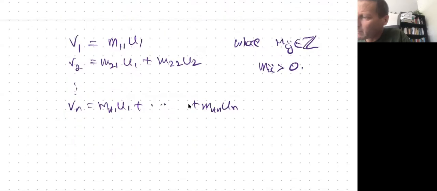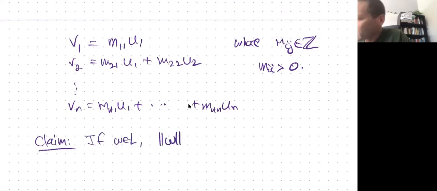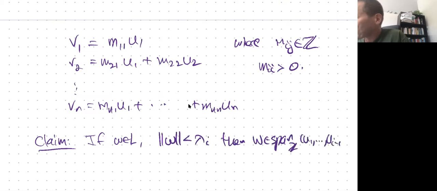But what we can say is that if you have a vector W in your lattice and it's shorter than lambda i, then it's in the Z-span of the first i minus 1 of the Ui's.